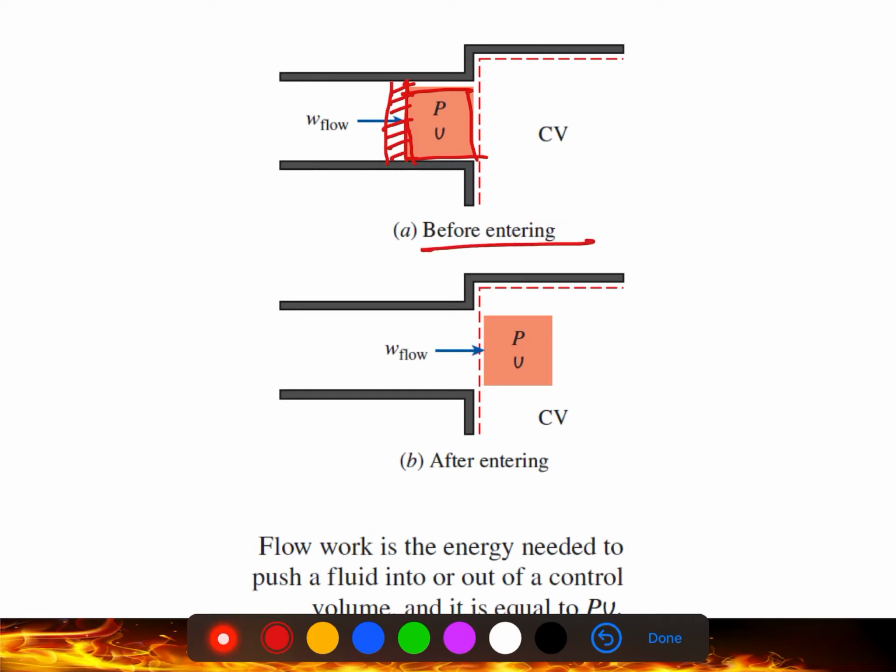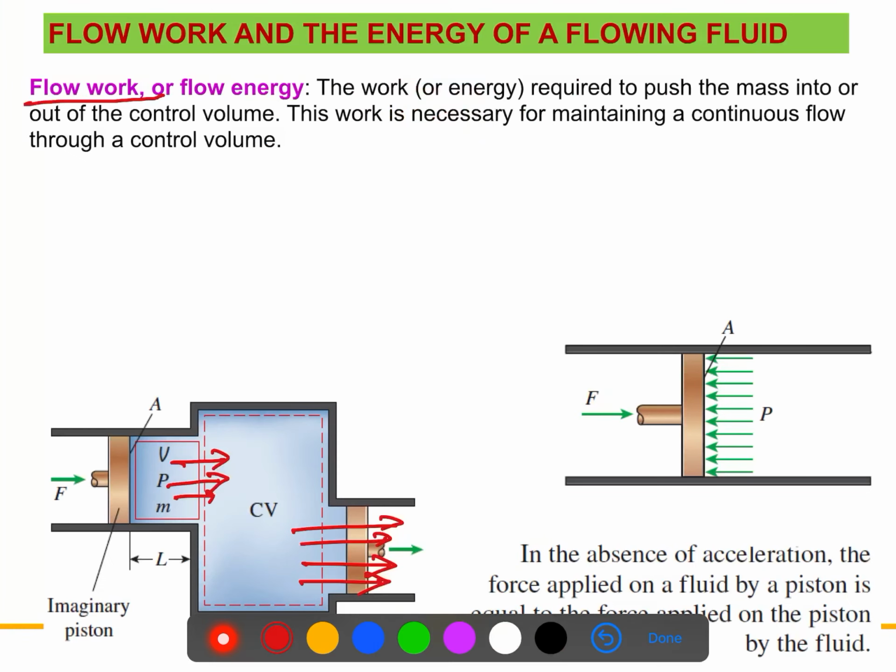After entering, it will be like this, so it will be equal to this pressure and volume that we will discuss now. Here we have this imaginary piston. If we apply the force here, what will happen? An equal amount of force will come from the control volume.